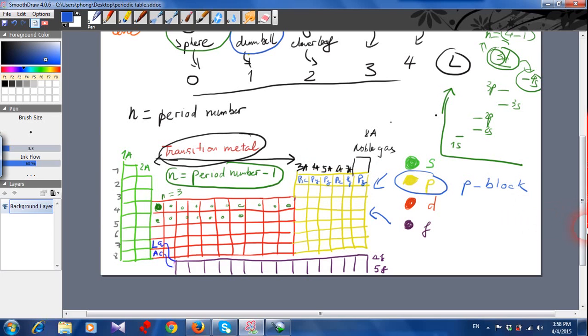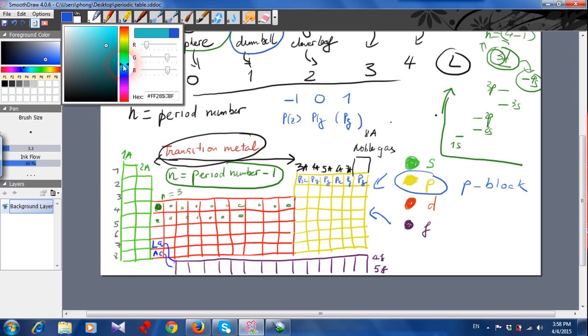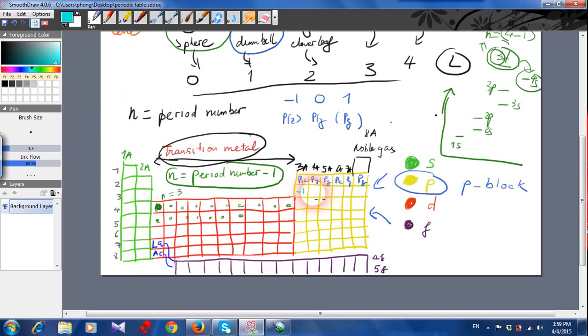We cannot use x, y, z as numbers, so we need to change to numbers like -1, 0, 1. That means px, py, and pz. So it will be -1, 0, 1, -1 again, 0, 1 again.